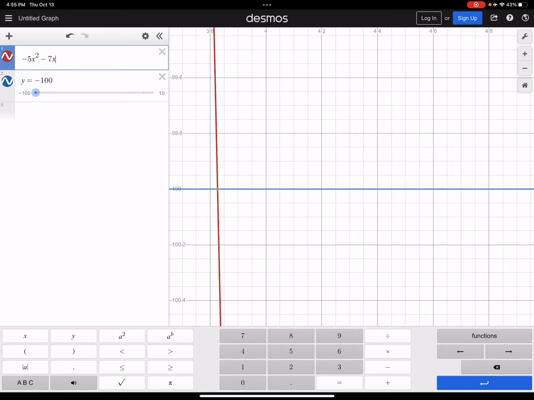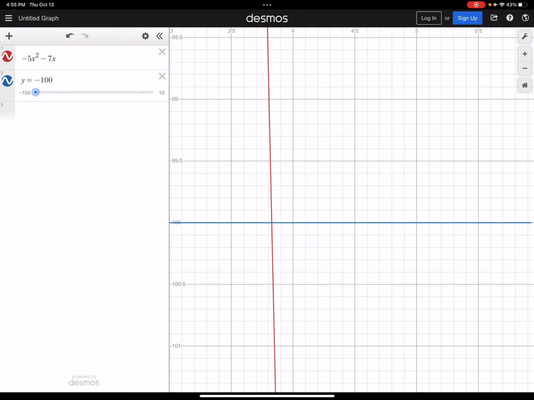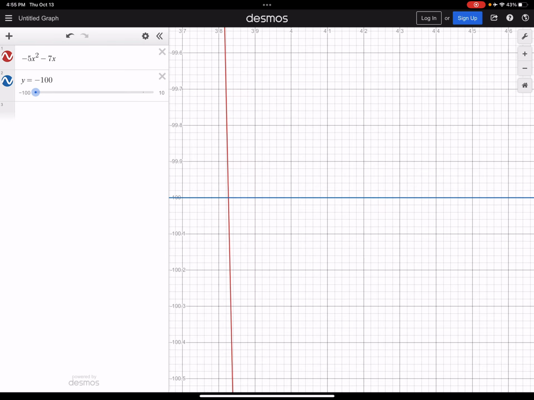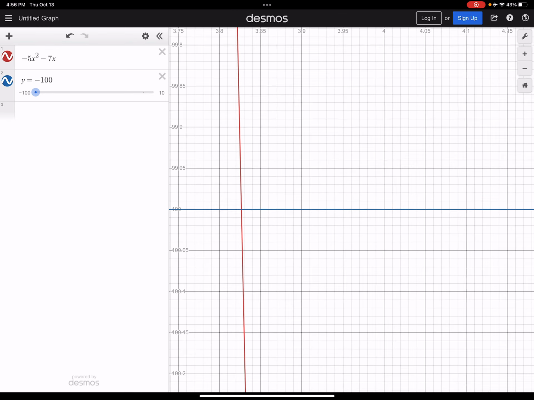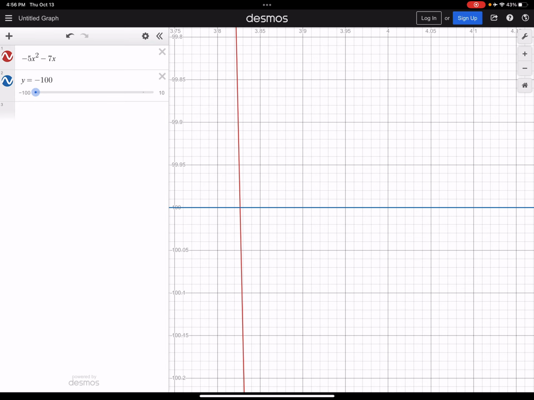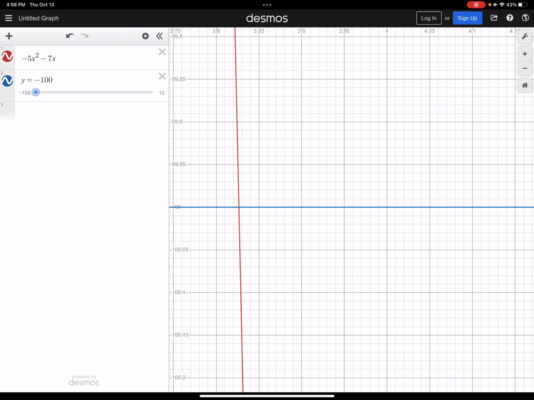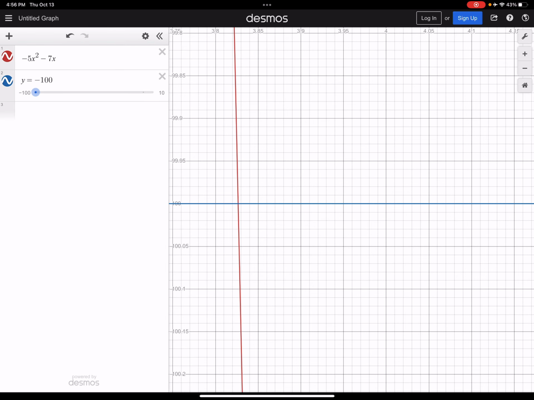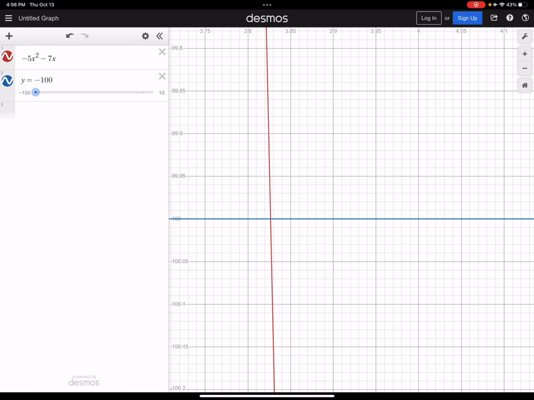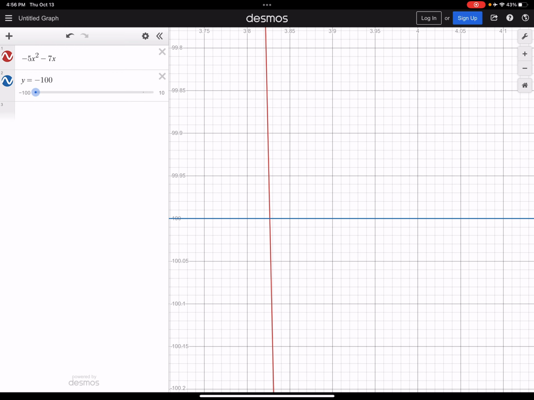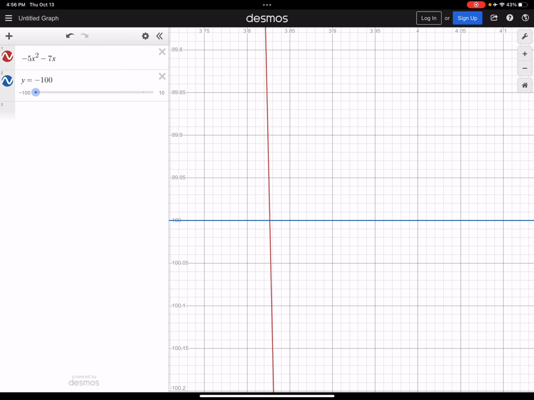That's actually the only thing that changed. The position of the ground is minus 100. And we look at the scaling here. And we can see that it's between 3.8 and 3.85, maybe about 3.825 seconds.